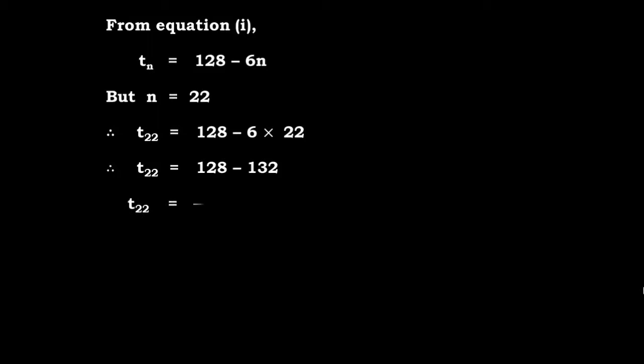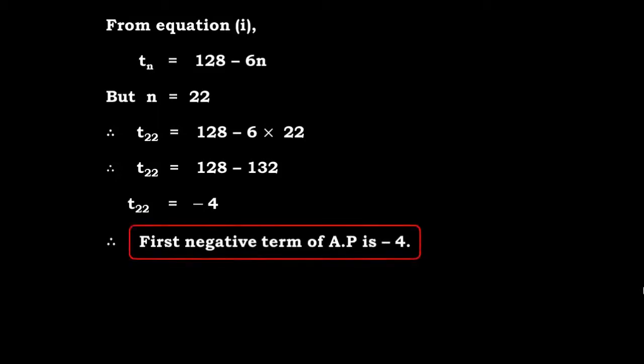So T of 22 will become minus 4. So the first negative term of this AP is minus 4. See student, you have to calculate the first negative term. So the first negative term of this AP is minus 4.